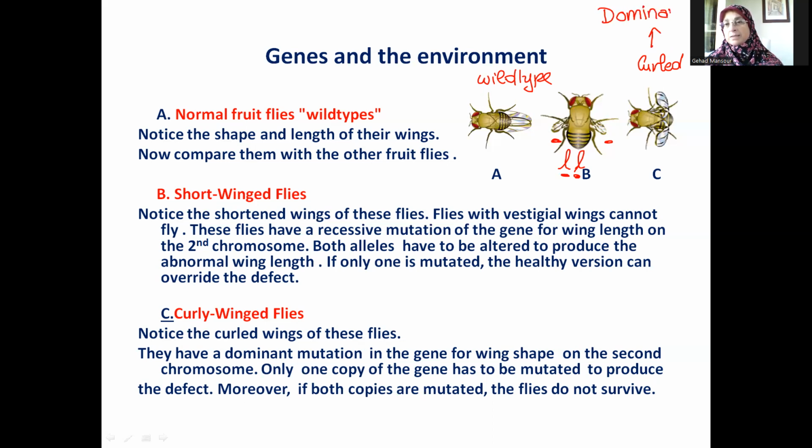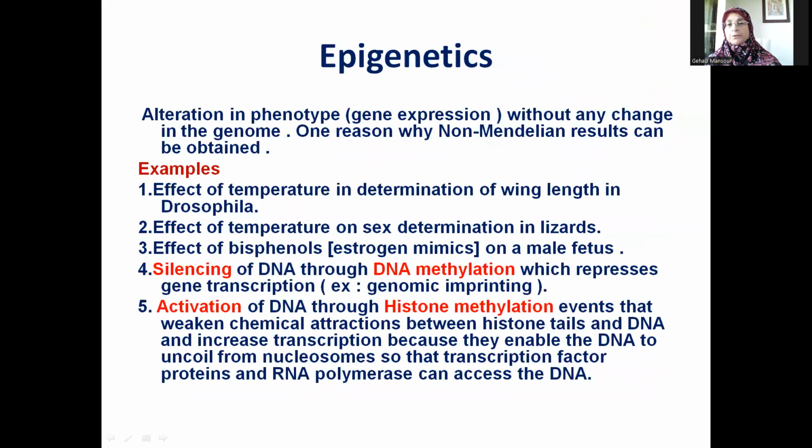And since it is a dominant mutant gene, it is enough for the fly to receive only one dominant mutant allele in order to show the characteristic, whereas for the recessive mutant allele of vestigial wings, the fly is supposed to receive two. It should be homozygous, but in curled wings, it is enough for it to be heterozygous.